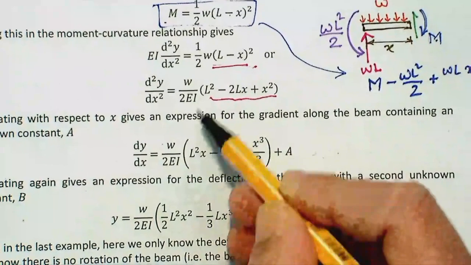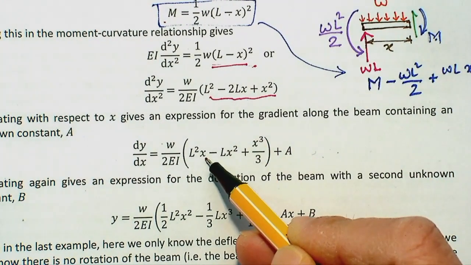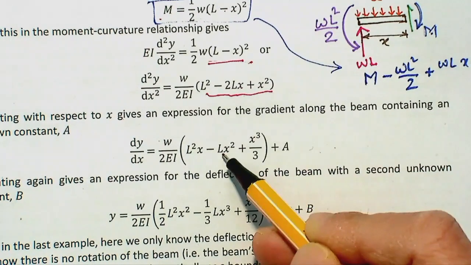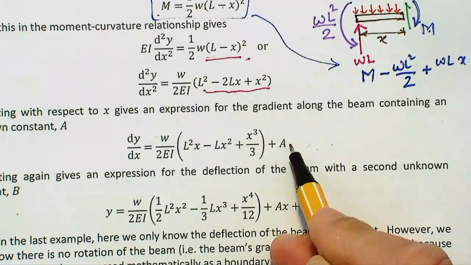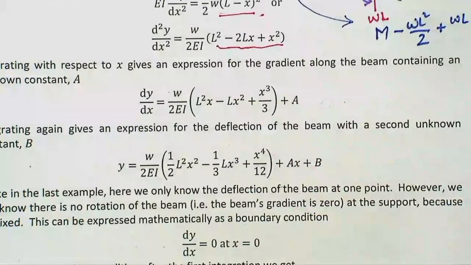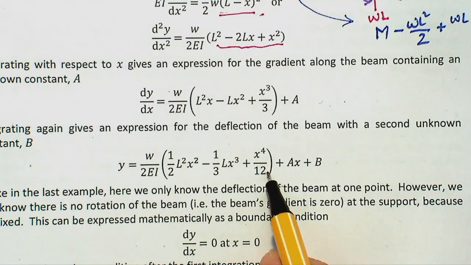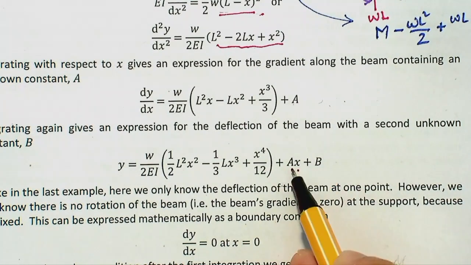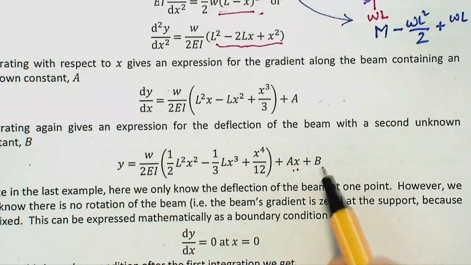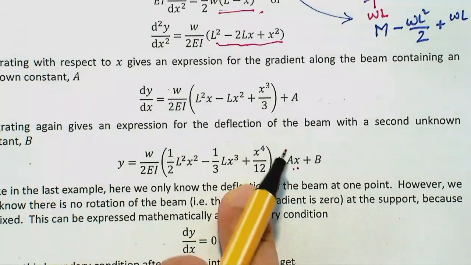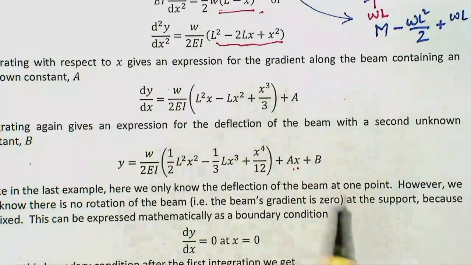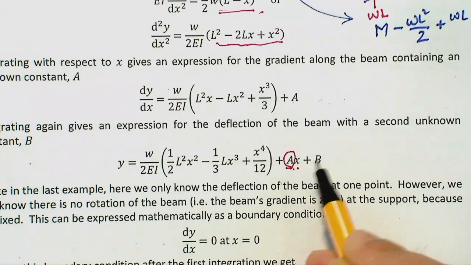You get L squared x, minus L x squared, plus x cubed over 3, plus an integrating constant A. Integrating another time, you get all this expression, with A x plus another integrating constant B. So you integrate it twice, and this is your expression with some unknown values A and B.